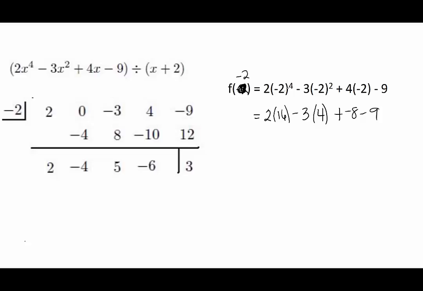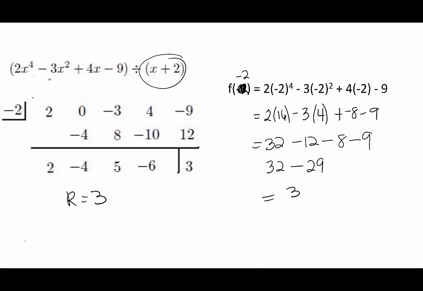Notice when I plug in a negative and I have an even exponent, I get a positive number. So I get 32 take away 29 is equal to 3. And when we used synthetic division, we got r equals 3. Next question. Is x plus 2 a factor of this polynomial? No, it is not a factor.